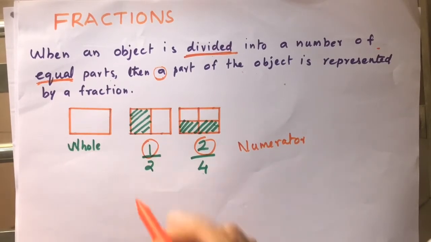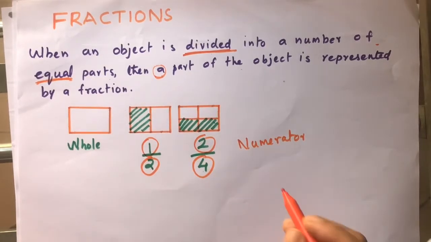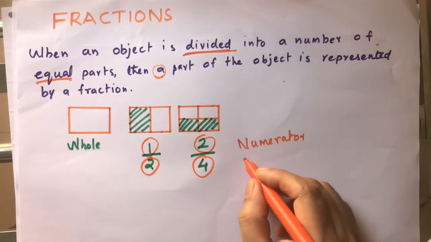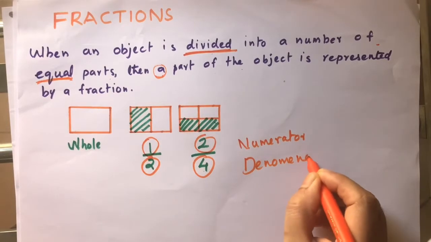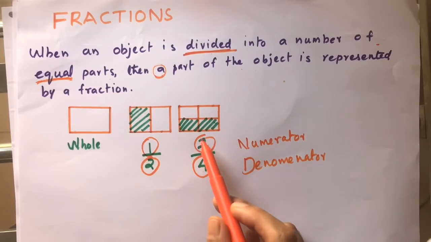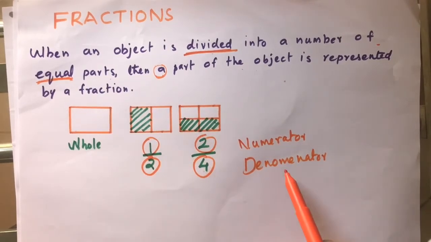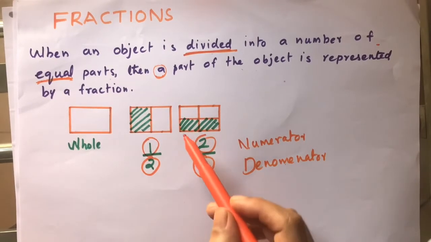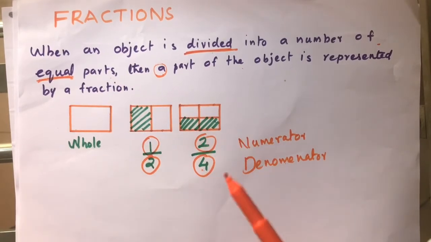The number on the bottom of the fraction is called the denominator. Here the numerator represents how many parts are shaded, and the denominator represents how many parts the object is divided into.